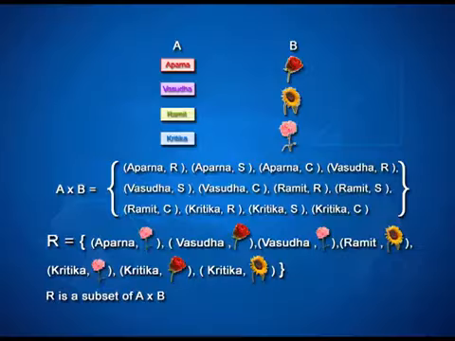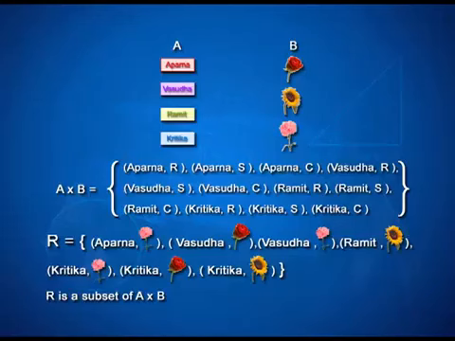And so, if I am looking at the possible collection of all these 4 elements with these 3 in the set B written as an ordered pair, it is actually nothing but A cross B, the Cartesian product of the 2 sets.